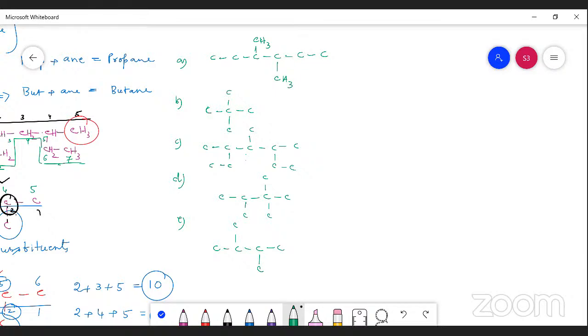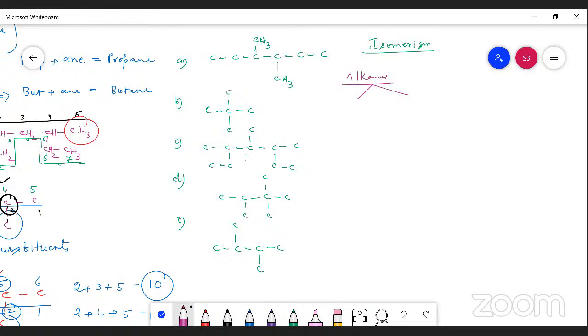Next, move to the isomerism concept. After IUPAC nomenclature, we have to discuss isomerism. What types of isomerism can alkanes show? Alkanes can show two types of isomerism.